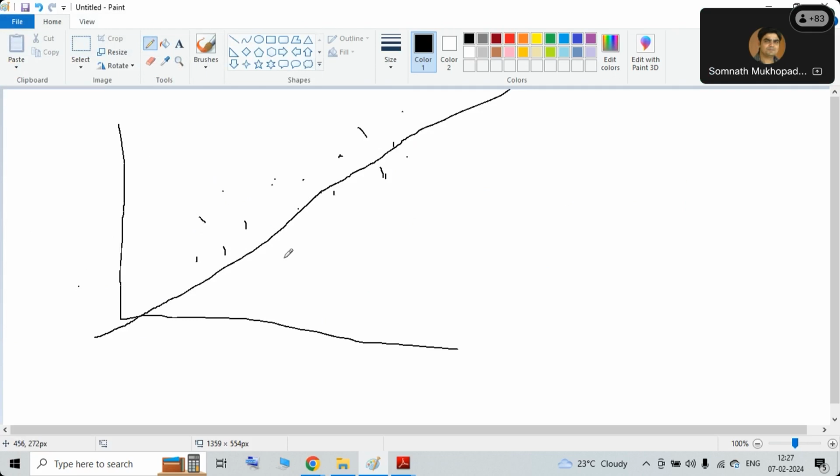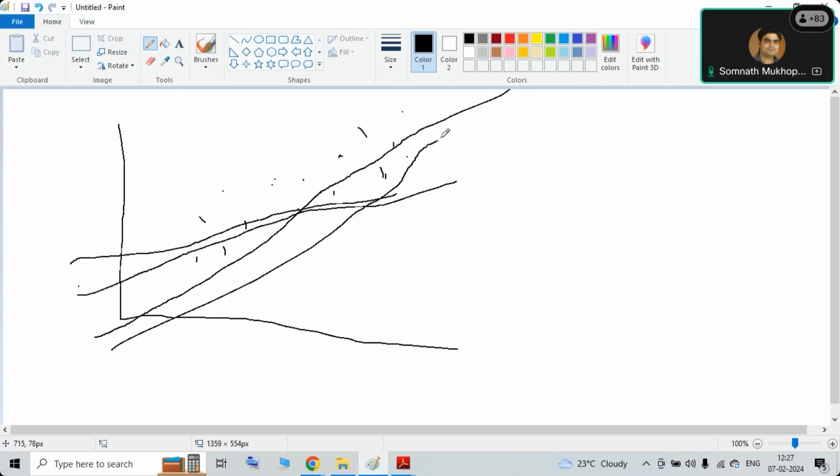If I have some data points populated like this, and I want to find the best fit line which maps all these points, then the gradient descent algorithm can be used here, because there can be many best fit lines. Which line is best to describe these data points is a difficult problem.